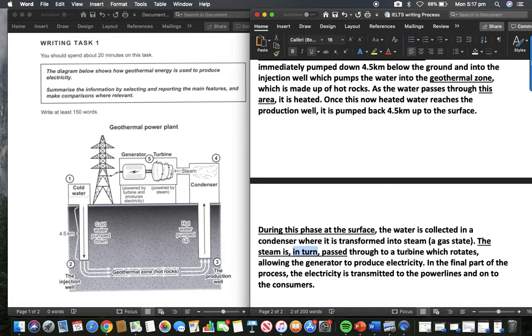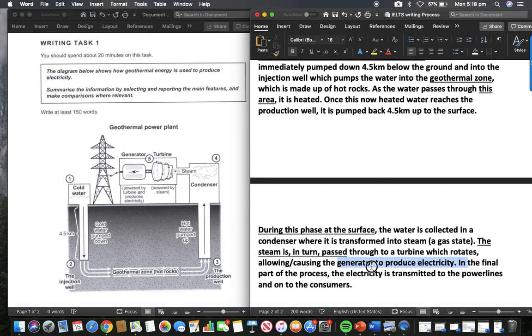Okay, so over here, the steam passes through to the turbine, which rotates, allowing the generator to produce electricity. So you could say causing the generator to produce electricity, or resulting in the generator producing. I mean, I just think allowing fits best here. Causes might be another good one, but yeah, you can pick either one of those.